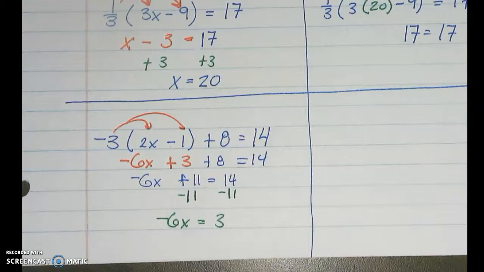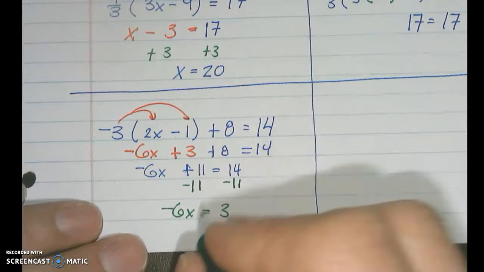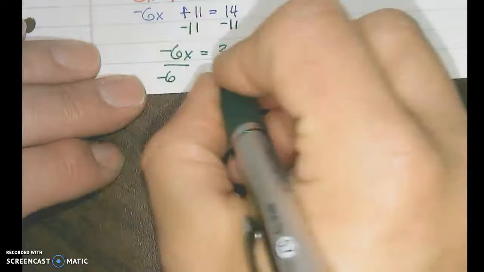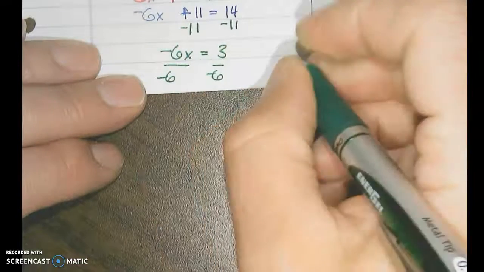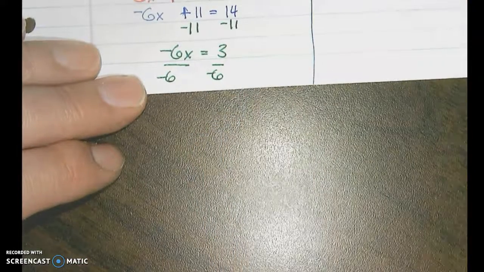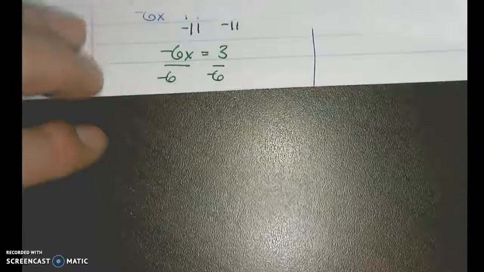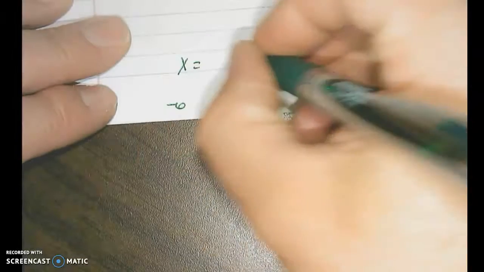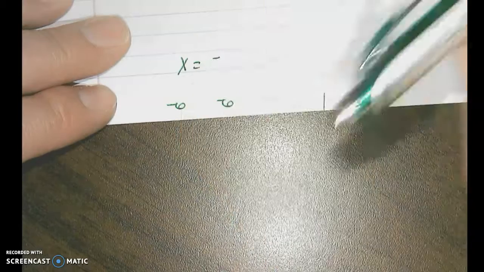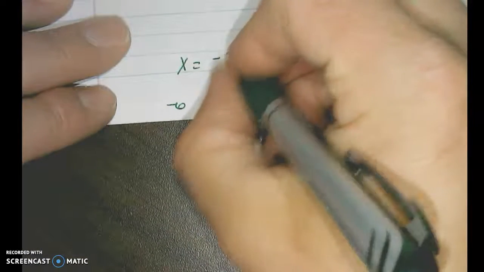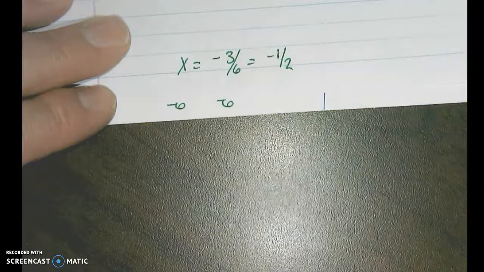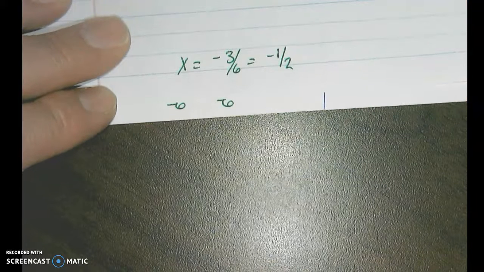All right. Divide by negative 6. So then x is equal to negative 3/6, which reduces to -1/2. Okay?